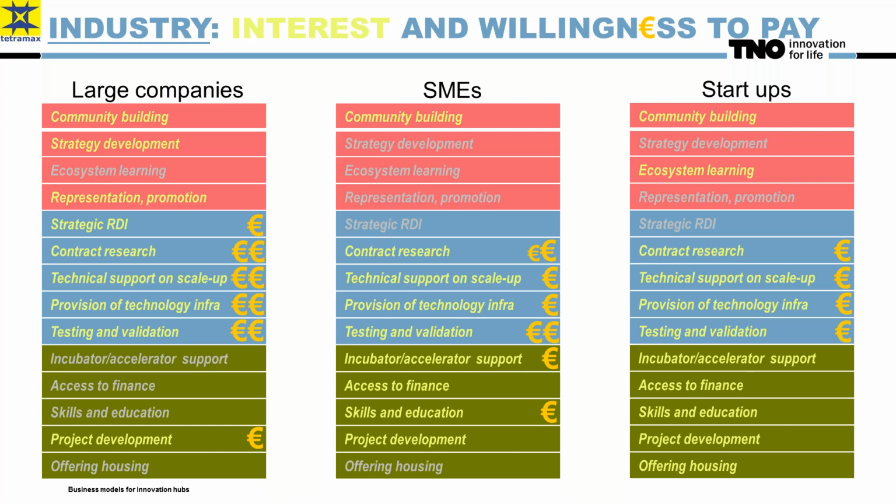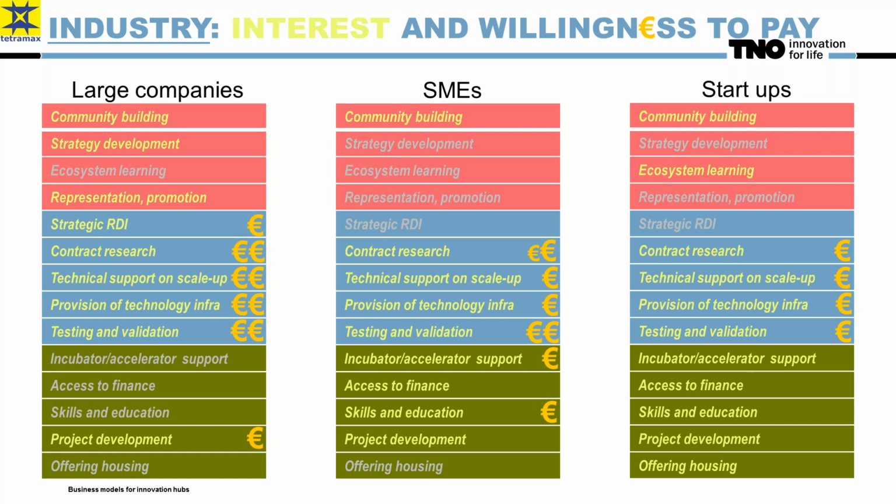They're very much interested also in the green stuff, the business services, but they're often not willing to pay for it. Some incubator accelerator, because that allows them to get a better grasp on how to make business, skills in education. Again, not fully paid. So there's a problem there.